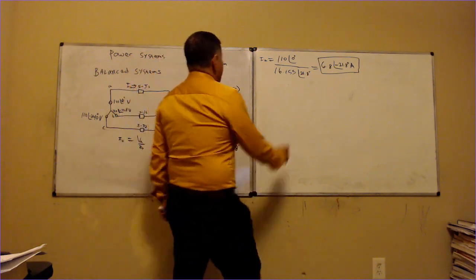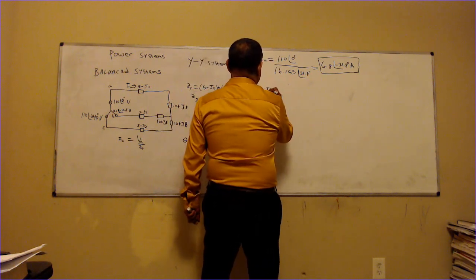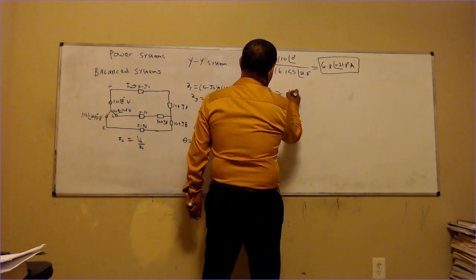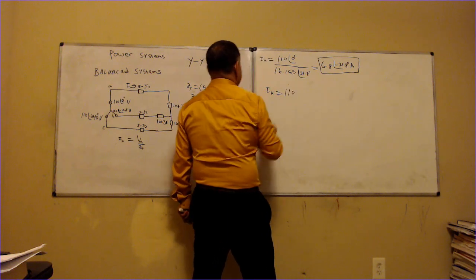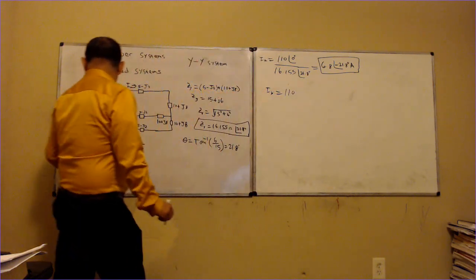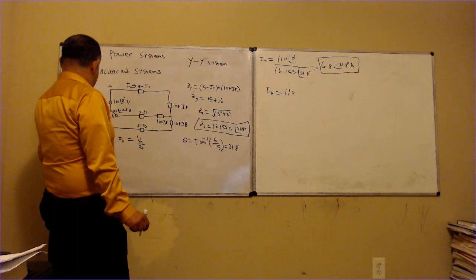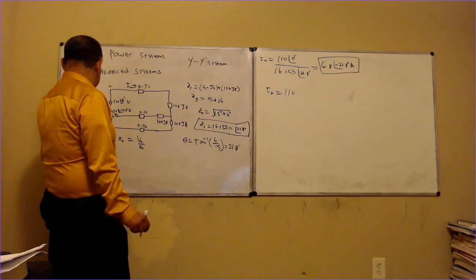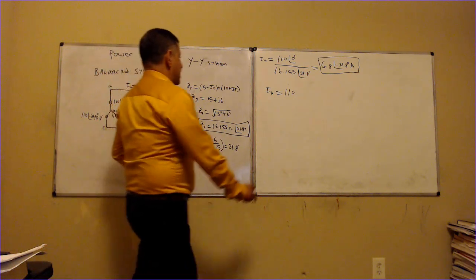So in this case, I will do IV equal to 110. I call that IV, because it's in the, no, actually IC, this is IC. Okay, never mind, this is IV.